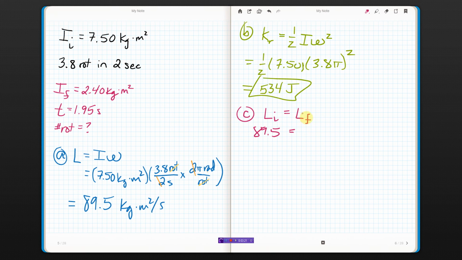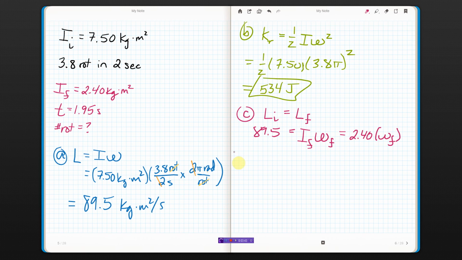Then the momentum I end with is going to be my final moment of inertia times my final angular speed. Final moment of inertia, it just tells you what it is: 2.4, times omega final.